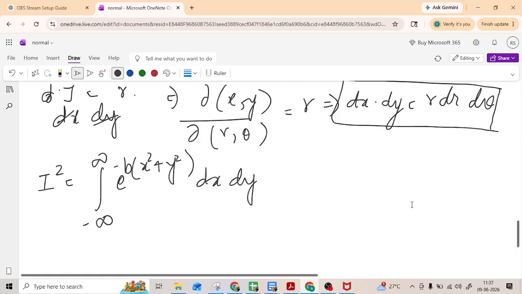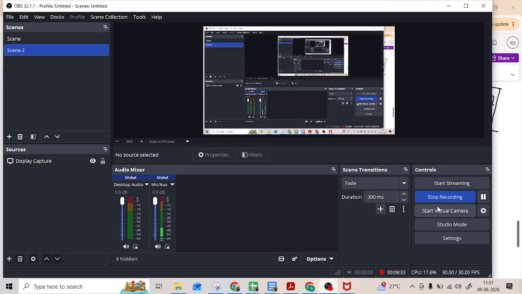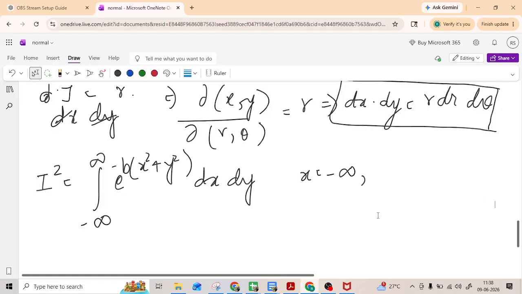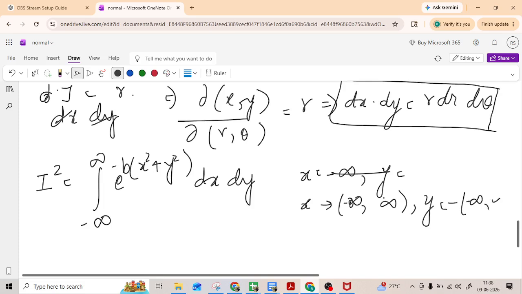Now when x equal to minus infinity, let's assume x can vary from minus infinity to infinity, and y also can range from minus infinity to infinity.